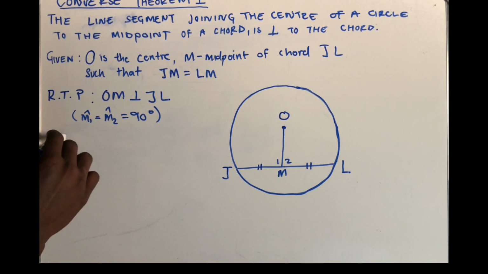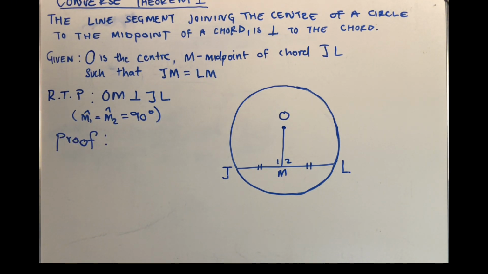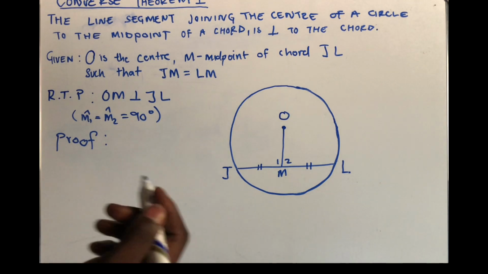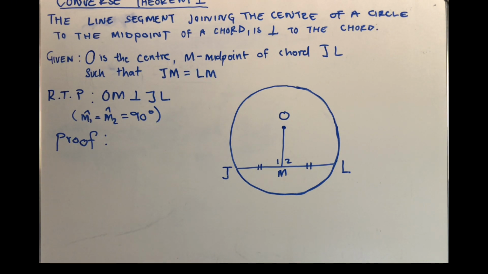So let's go ahead and try to prove this. You remember I said for us to prove such problems, or if we are proving that sides are equal, or proving if angles are equal, it's best we use triangles. So now we have to construct here in order for us to have triangles.